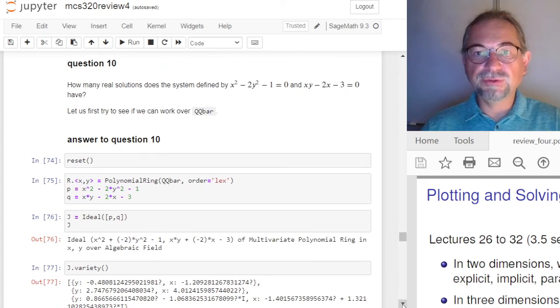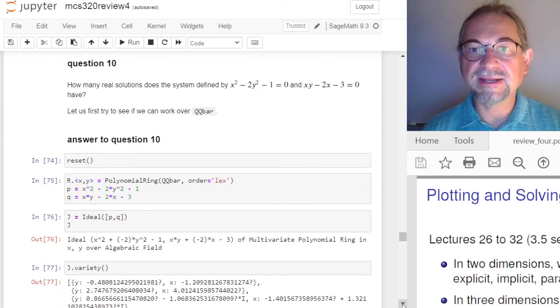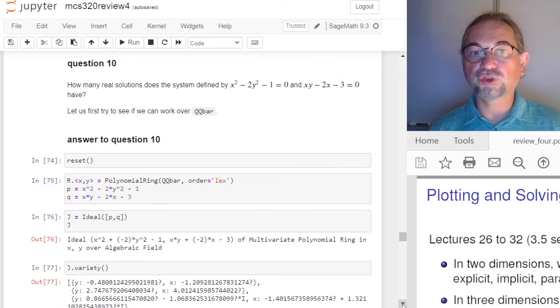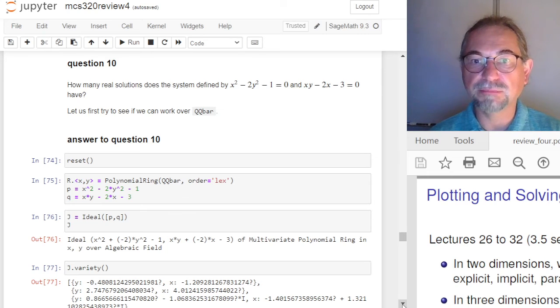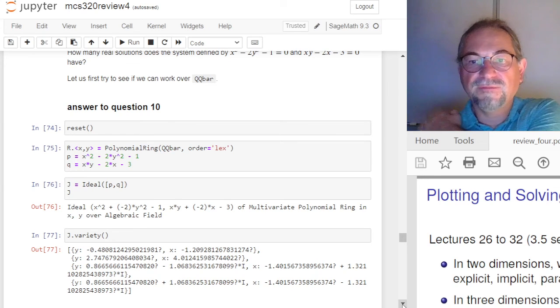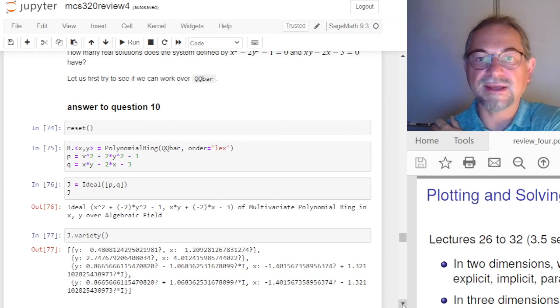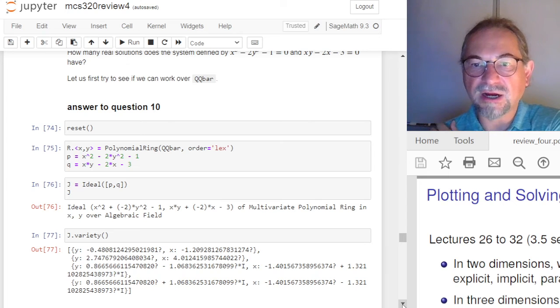Here we have the solution of polynomial systems again, and this could be an alternative to the solve where I'm using the QQ bar. So the QQ bar is symbolic numeric solving. If I define my polynomials over the QQ bar and I ask for the variety of the ideal defined by the two polynomials, then I actually get very nicely the intervals out there. So here you see the four solutions of these two quadratic equations, and they are given in the interval representation.